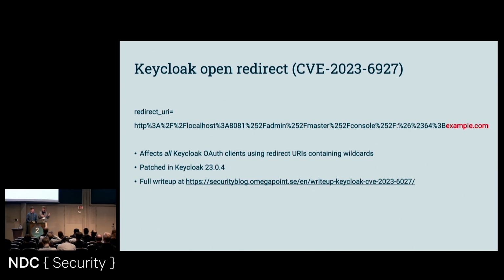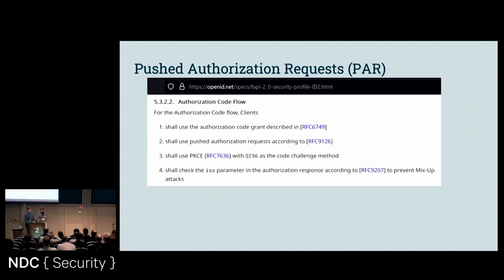And in OpenID Connect FAPI, it would look something like this. And as you can see in the second line here, it mentions that clients shall use pushed authorization requests. Dominic Baier talked about PAR in depth yesterday, and you can read more about that online.